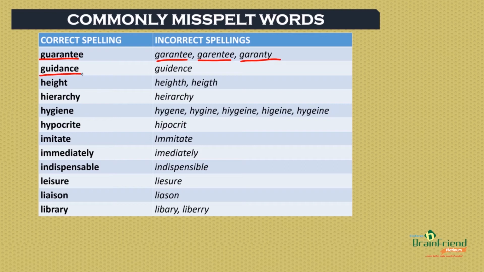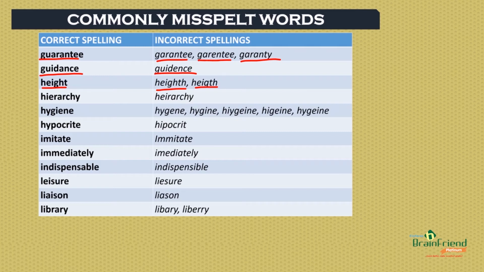Next, we have guidance, spelled G-U-I-D-A-N-C-E, but it is wrongly spelled as G-U-I-D-E-N-C-E. Also, we have the word height, spelled as H-E-I-G-H-T, wrongly spelled as H-E-I-G-H-T-H or H-I-E-G-H-T-H.